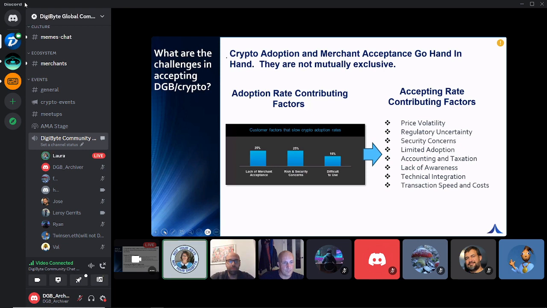We've talked about this already, but regulatory uncertainty is still an issue with almost all countries until we have some clearer rules, right? Security concerns, like we were saying: what exposure are they giving themselves to add this as a payment option? Accounting and taxation kind of goes back with that regulatory, but it's something to think about.